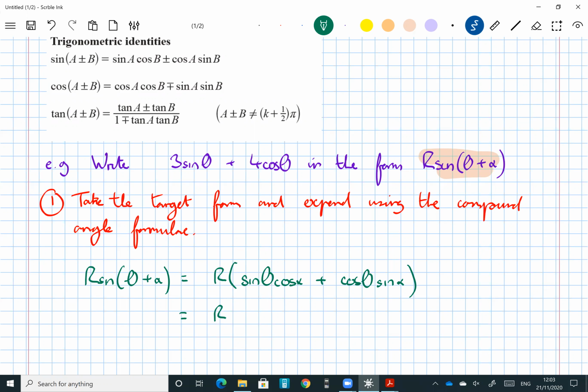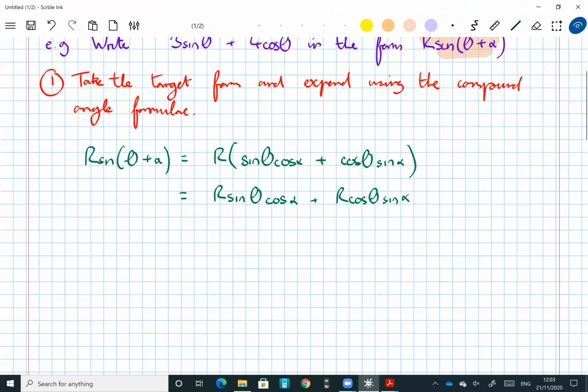We then have r sine theta cos alpha plus r cos theta sine alpha. So we've got an expanded form of the way we're asked to present the final answer. And that's very, very useful because what we're going to do now is compare coefficients.